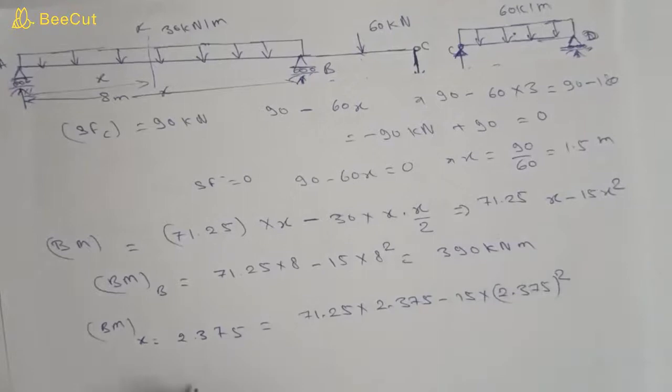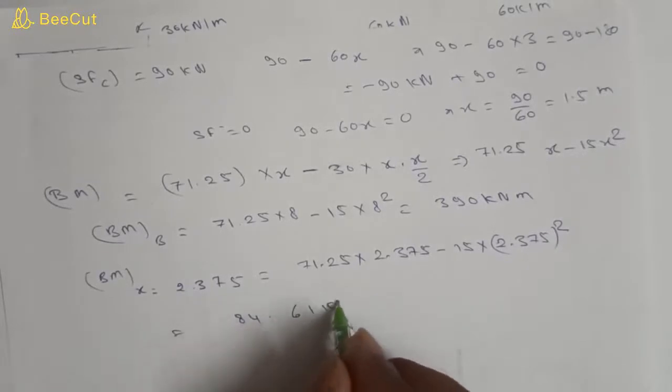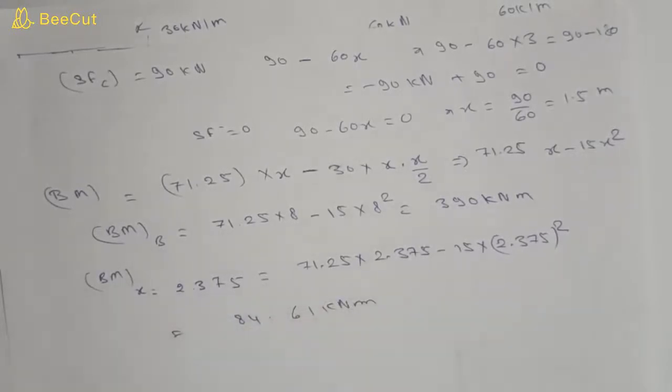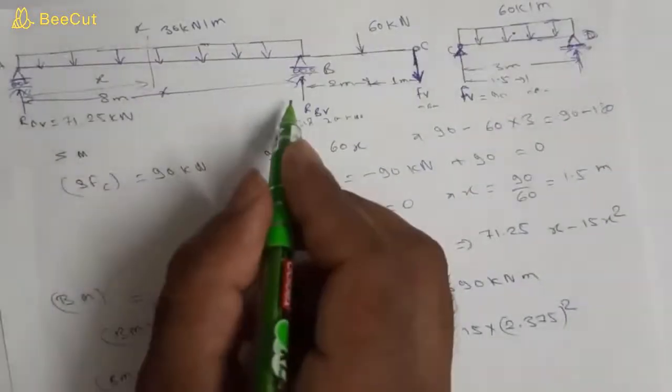So it will become 84.61 kilonewton meter. So we have got maximum bending moment in this section, in section A and B.